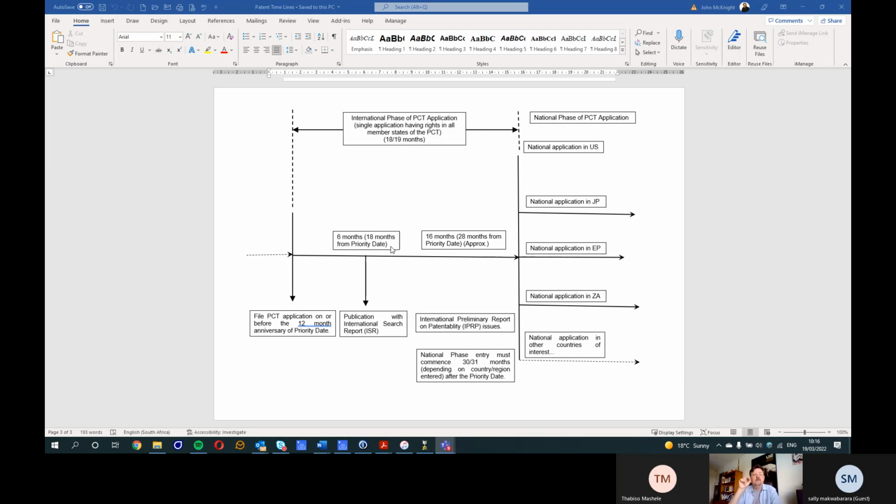And that's because South Africa is a non-examining country. And so you've got to give people the right to say, hey, this patent isn't worth the paper it's written on. Look what happened to the corresponding application in Europe. It got refused because it's not new. And so it gives other people the right to come into South Africa and attack it or have it revoked on the basis of the outcome of corresponding applications, to the extent that there are any in other jurisdictions.